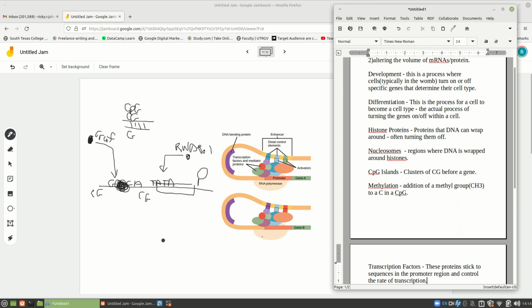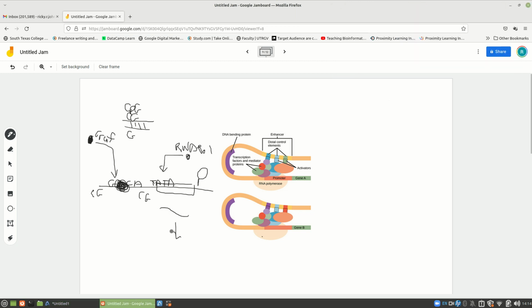Now, the key point here to remember is that they do this in response to the environment. So usually something is going on and something changes in the environment. So your body, as a reaction, produces this GRAPH protein here, and it sticks here. And so you increase the amount of whatever this is. And that might be something you put into your sweat.